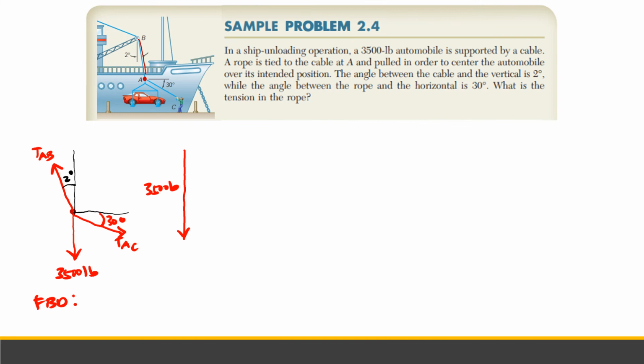In a tail to tail manner, here is TAC. And then our TAB, so that is tip to tail. This is TAB. So this is 2 degrees.